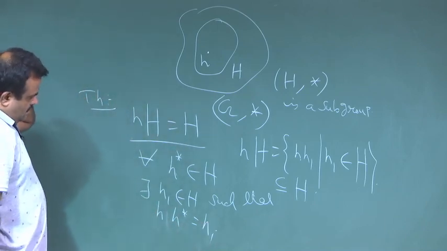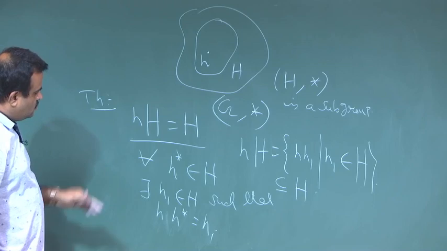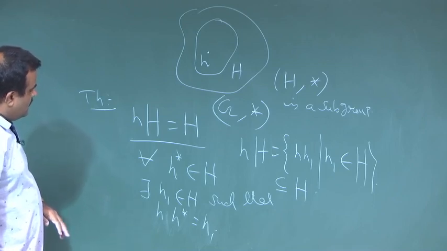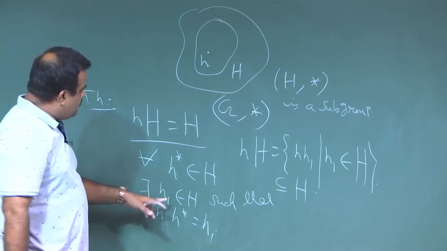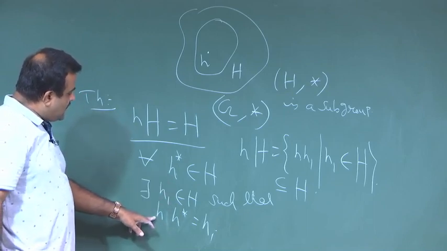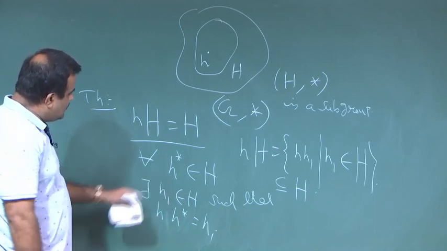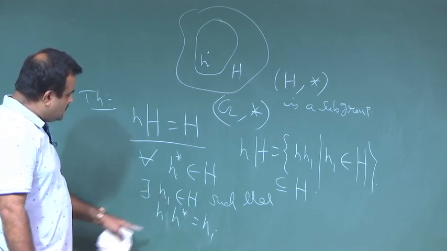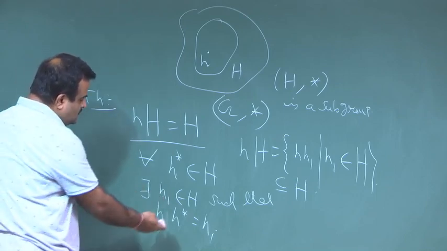Now, how to show this? If you take an element from here, this is basically h star.